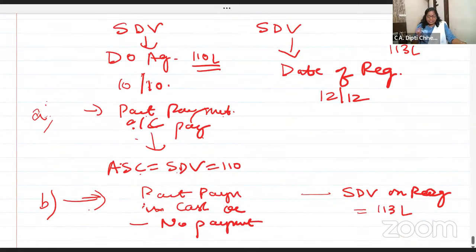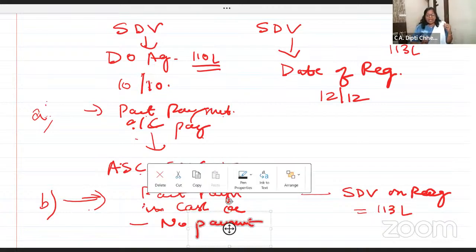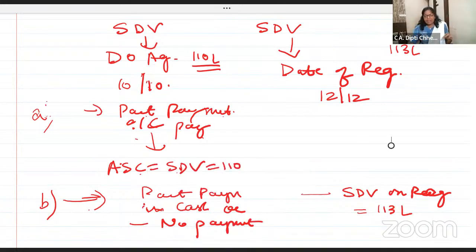Okay. So stamp duty value on the date of agreement we will take when at least part payment has come by online mode, RTGS, NEFT, account payee cheque, or some payment has at least come. In case I'm again repeating, stamp duty value on the date of agreement, if at least the token amount of part payment has come by online mode on the date of agreement.